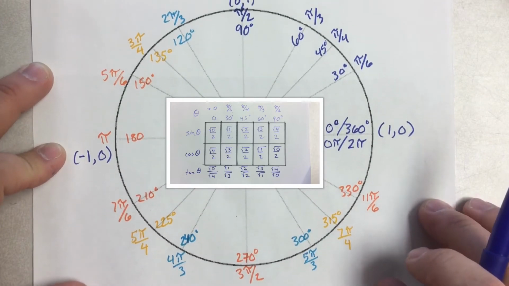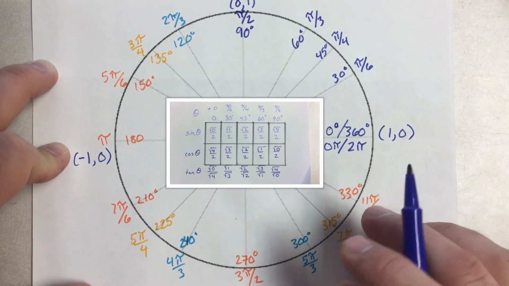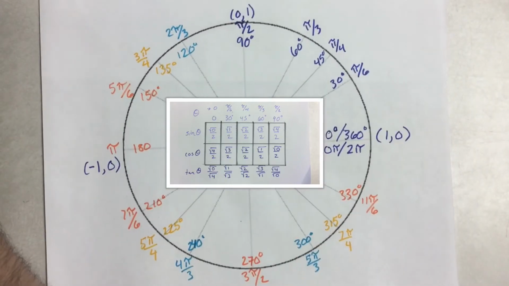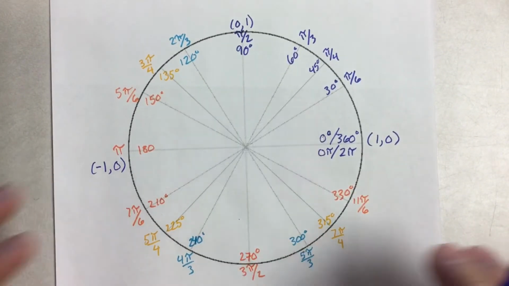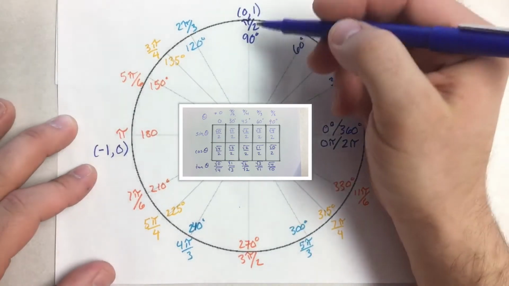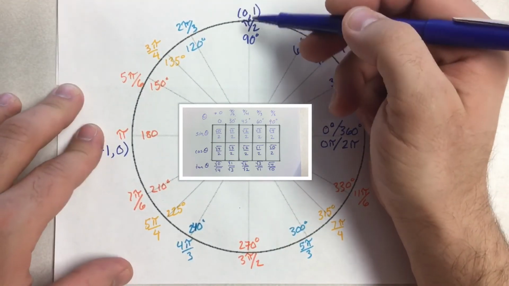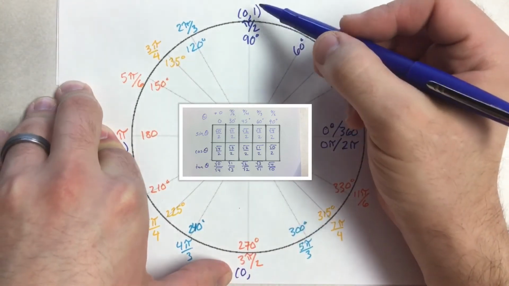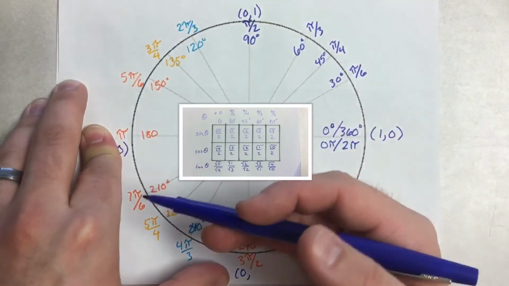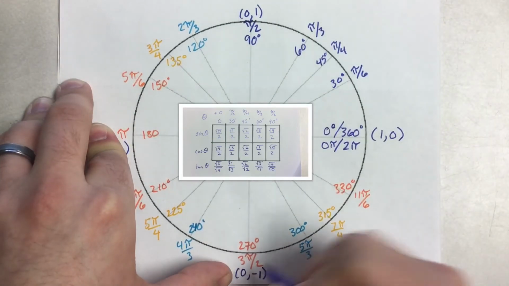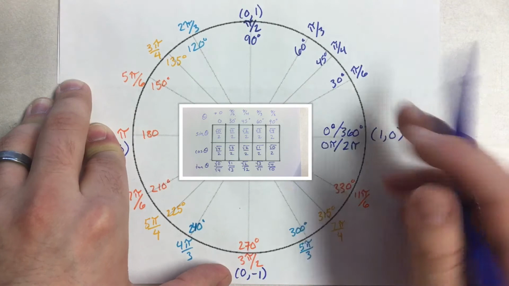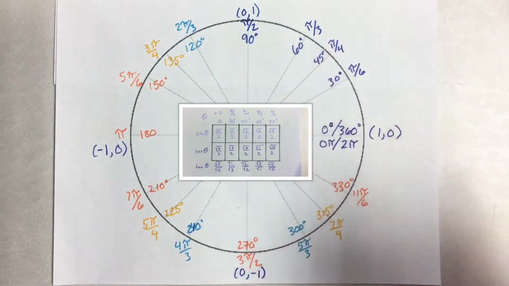So I continue on. With 270 degrees, zooming out just a little bit if I can. There we go. With 270 degrees, where cosine is 0 at 90 degrees, cosine is still 0 here. But where sine was positive 1, being above the x-axis, sine is now negative 1 at this value. All right? And then let's look at the 60 degrees.